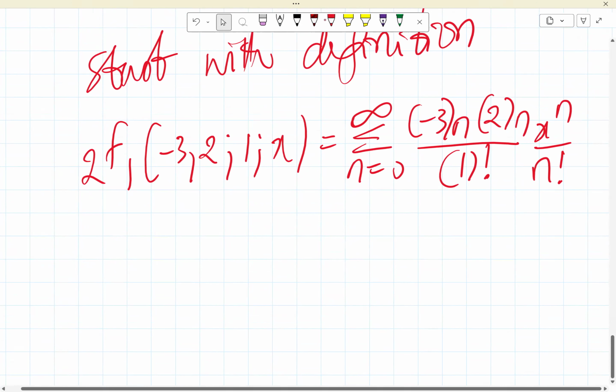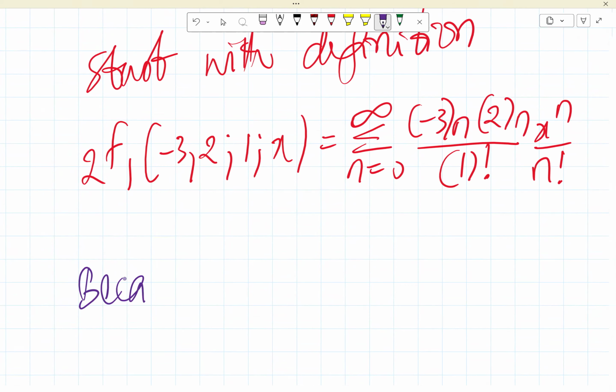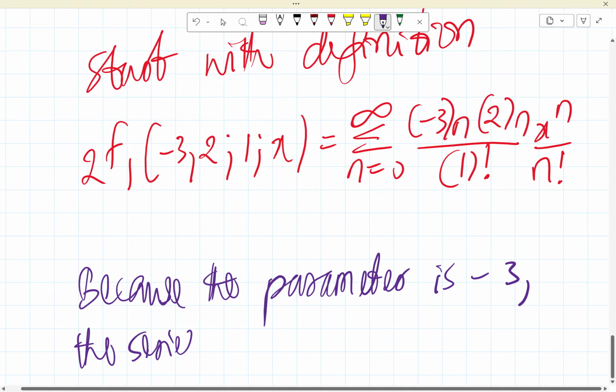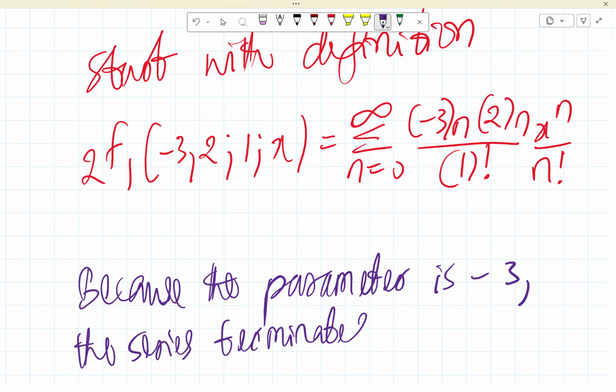Because the parameter a now is minus 3, it means that the series terminates after n equals 3, because we have this parameter to be minus 3 here.